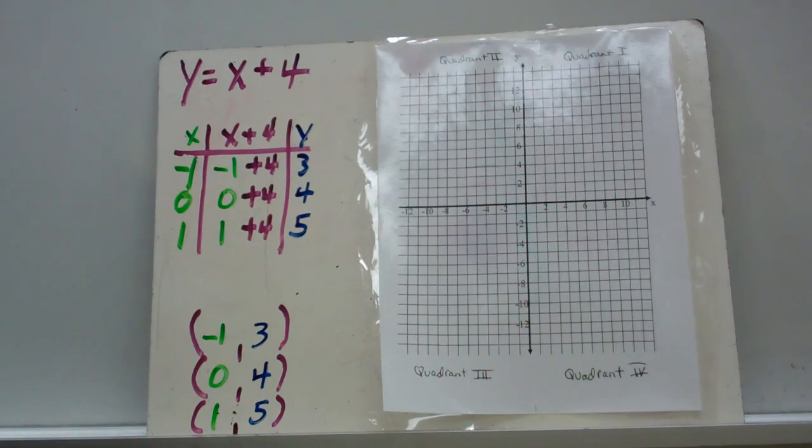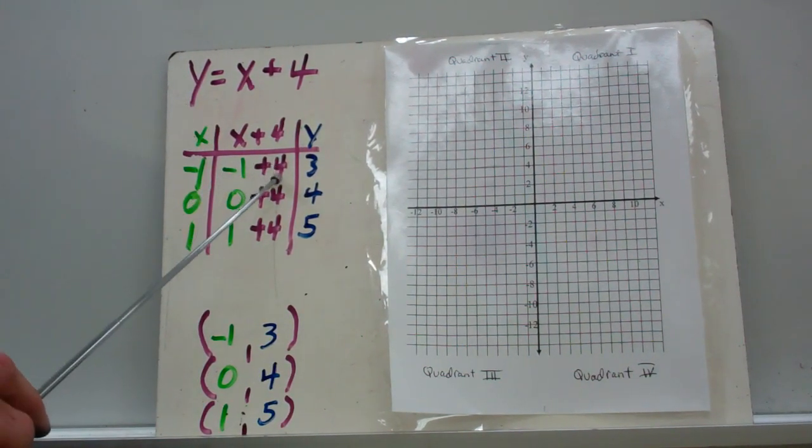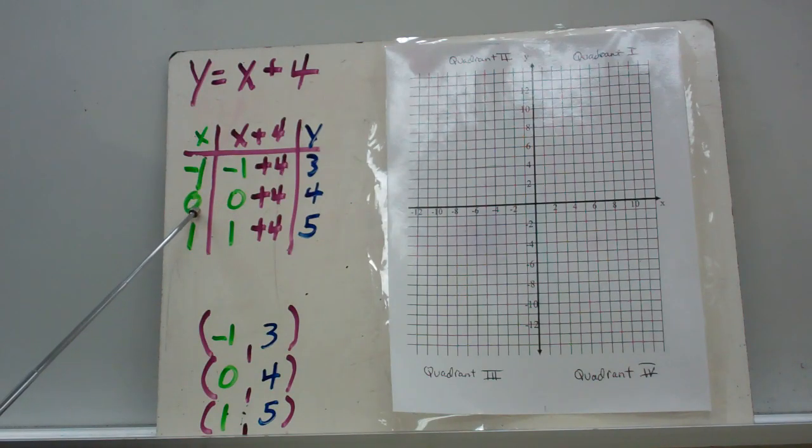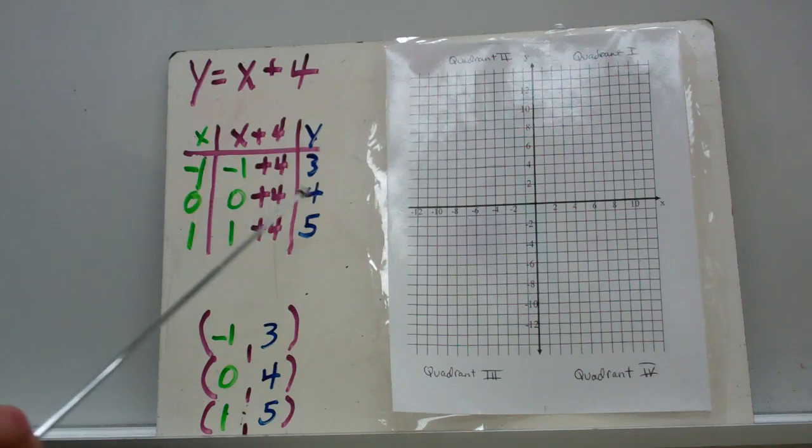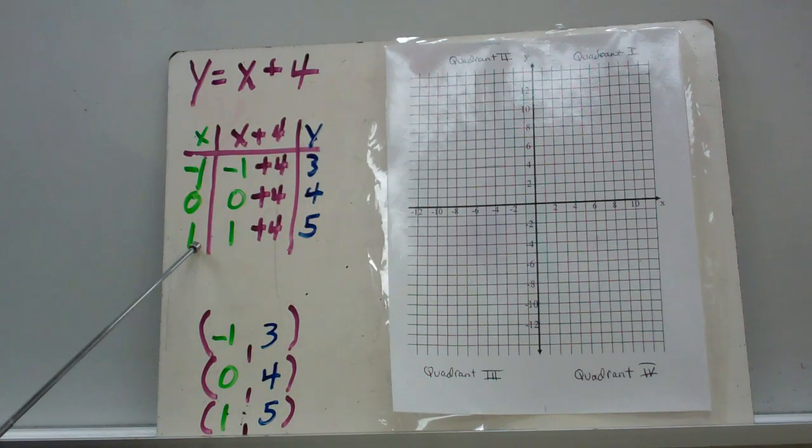So we put in -1 and add 4 and we get 3. We put in 0 and we add 4, we get 4. And we put in 1 and we add 4 and we get 5. And that will leave us with our points (-1, 3), (0, 4), and (1, 5).